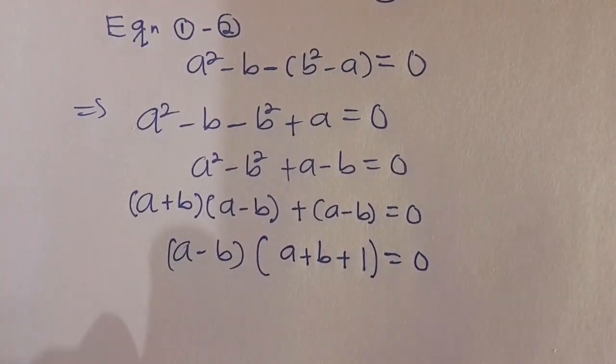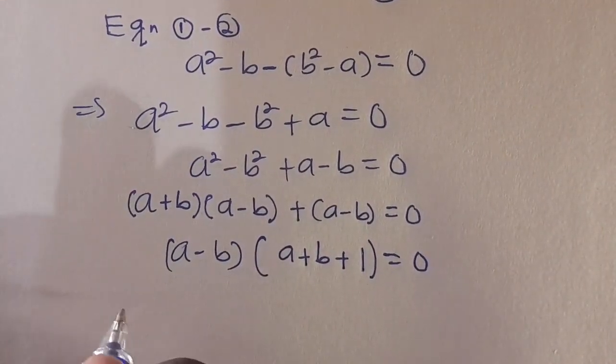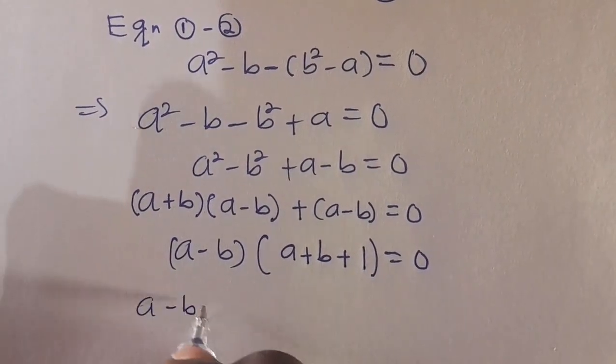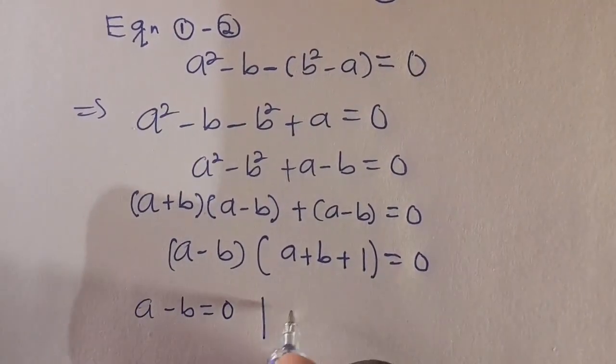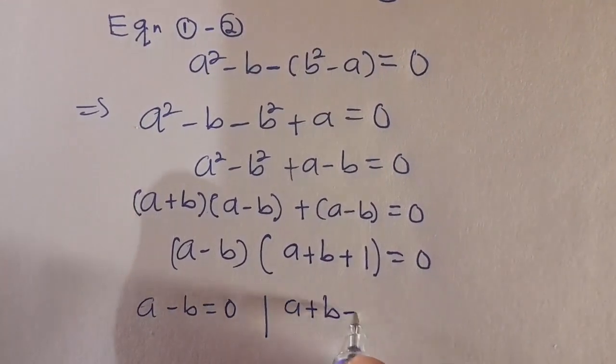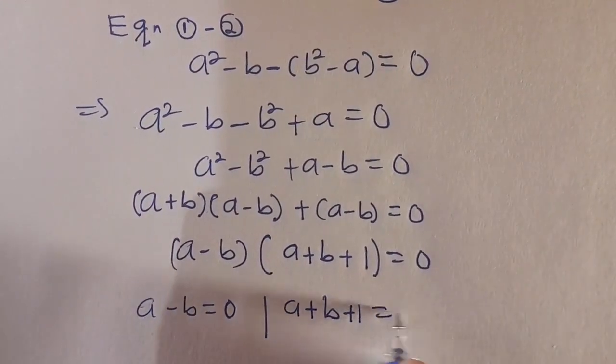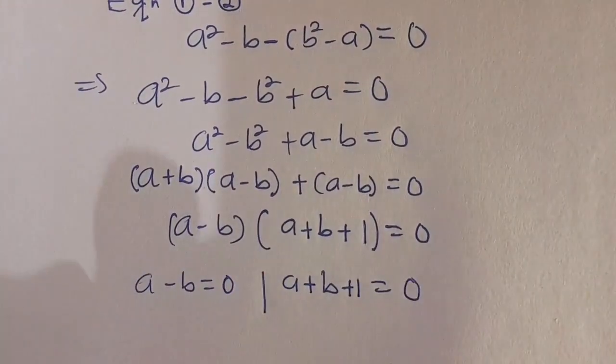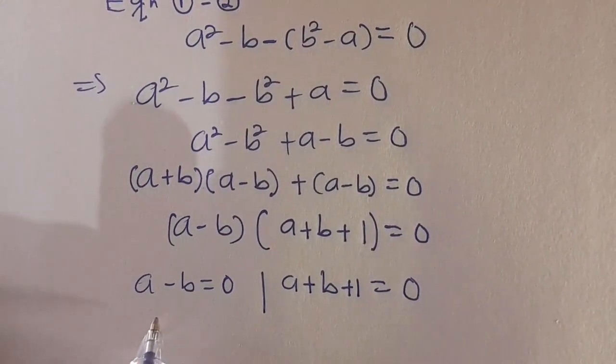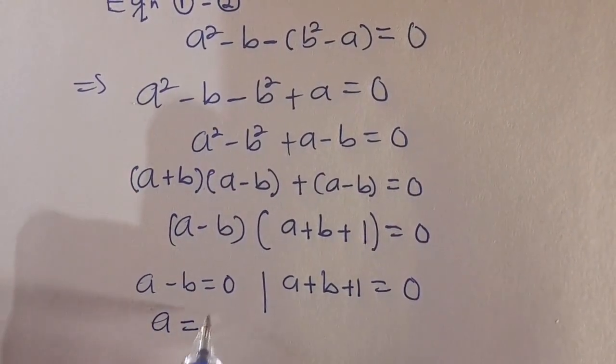Now from this expression, one thing is sure: we can have a minus b equals 0, or we have a plus b plus 1 equals 0. If a minus b equals 0, we have a equals b.